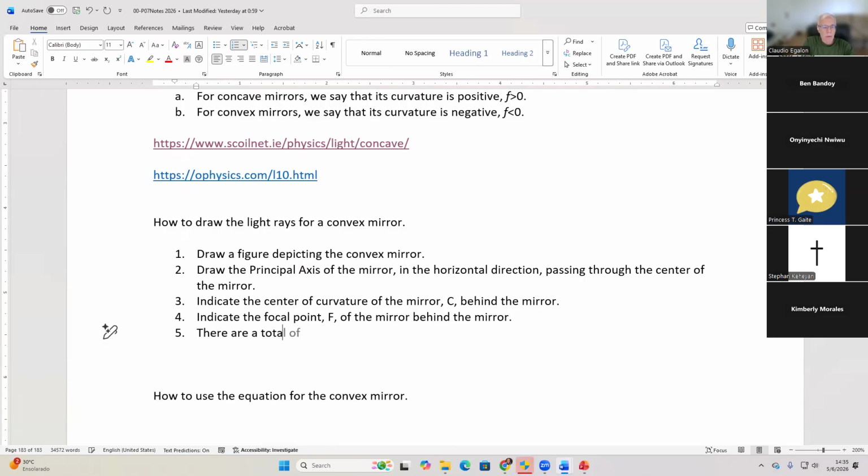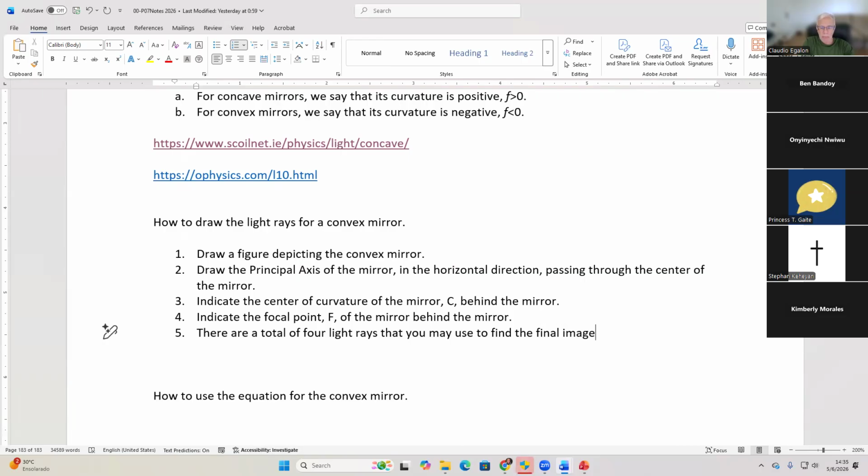There are a total of four light rays that you may use to find the final image.